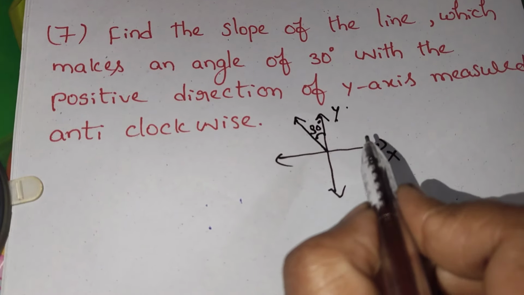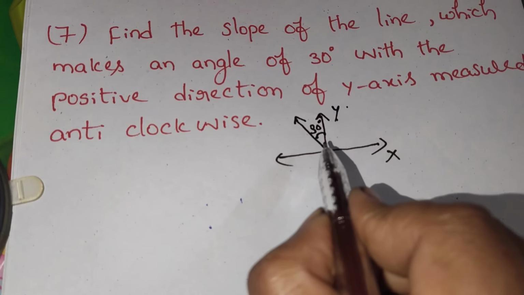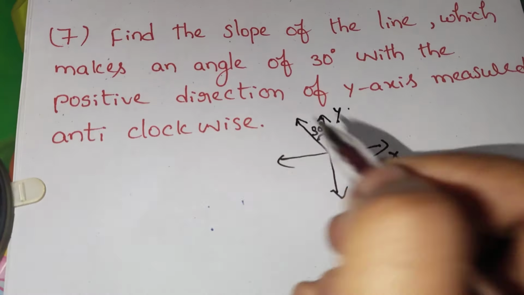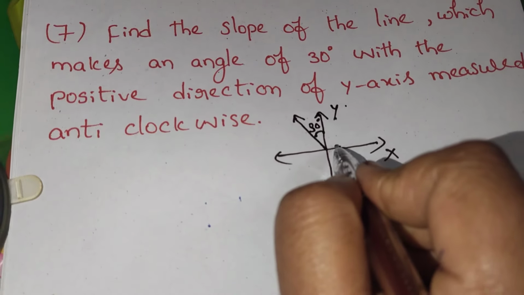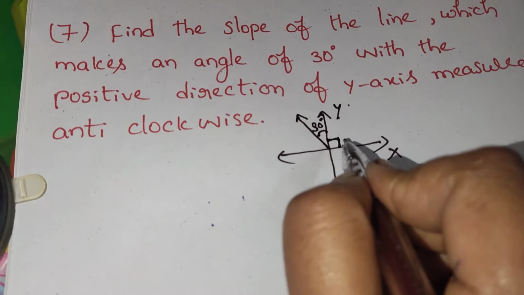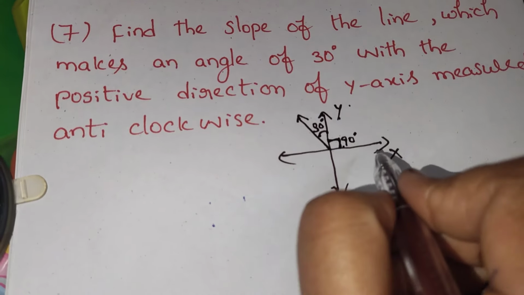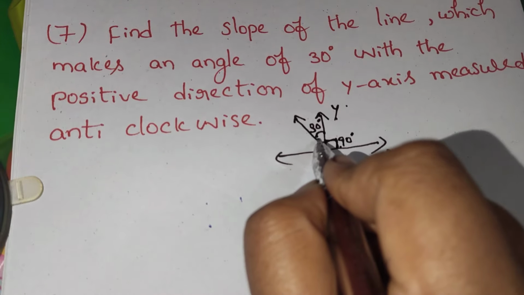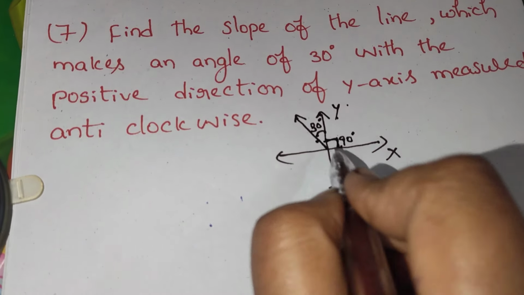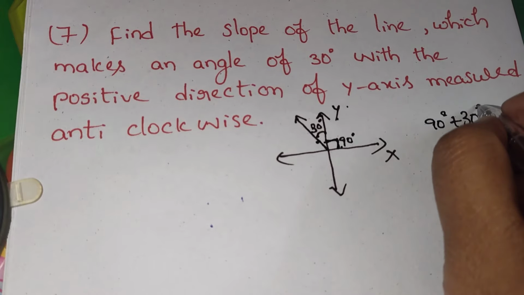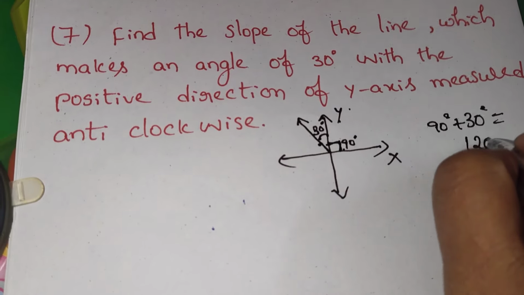But I want the inclination with respect to the x-axis, that is in the anticlockwise direction only. From here to here, perpendicular, it is 90, no doubt. Now from here to here how much? 30. So 90 plus 30, total how much? 120 degrees.